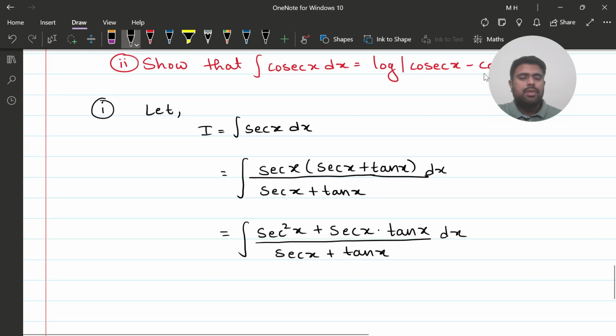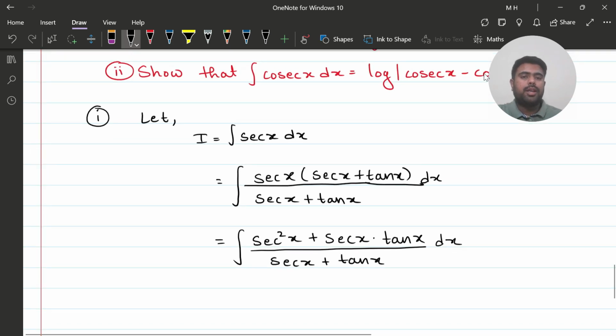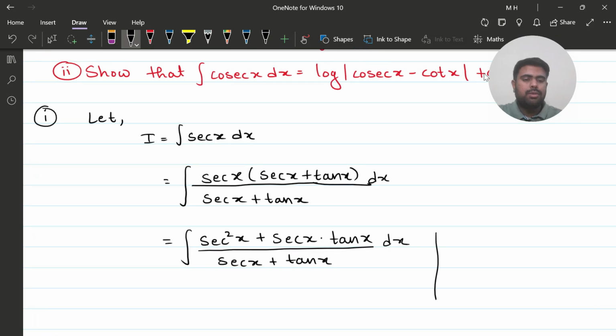Now we do all this just to substitute the denominator as t. If we don't do that, it is going to be a waste of effort, right? So I will substitute sec x plus tan x as t. What is the derivative of sec x? It is sec x into tan x. What is the derivative of tan x? It is sec square x.